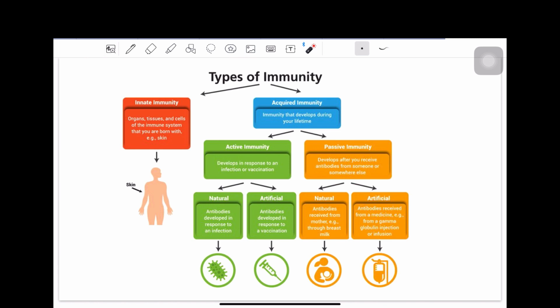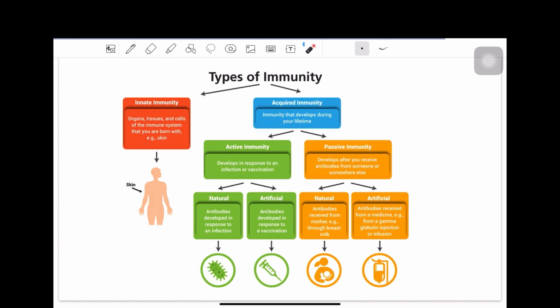Therefore, in case of any subsequent infection with the same strain of virus, our body recognizes that, yes, I have encountered this before, and I know exactly the type of antibody that I need to produce to tackle this particular virus.